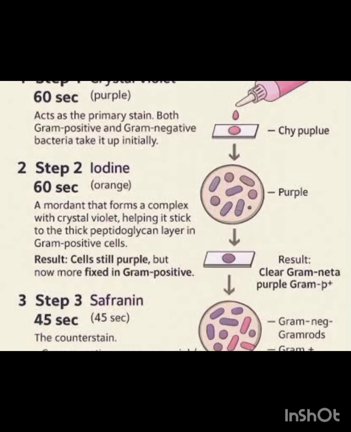Then we will stain with the safranin for 45 seconds. It is a counter stain. Then the gram negative will appear pink, and gram positive will appear purple due to the different cell wall compositions. In this way, the gram positive and gram negative bacteria will be differentiated.